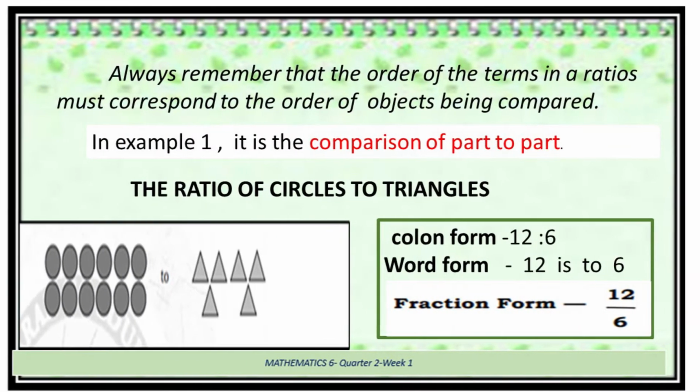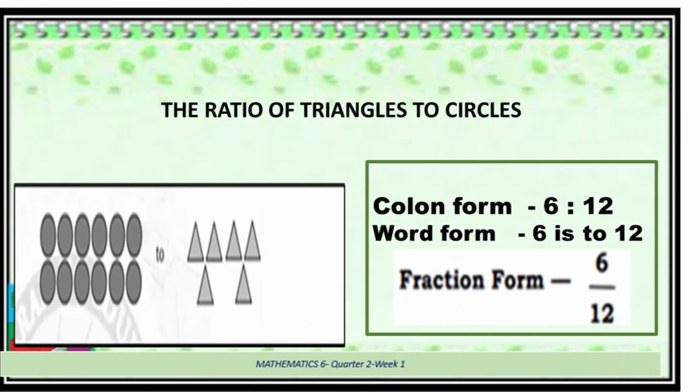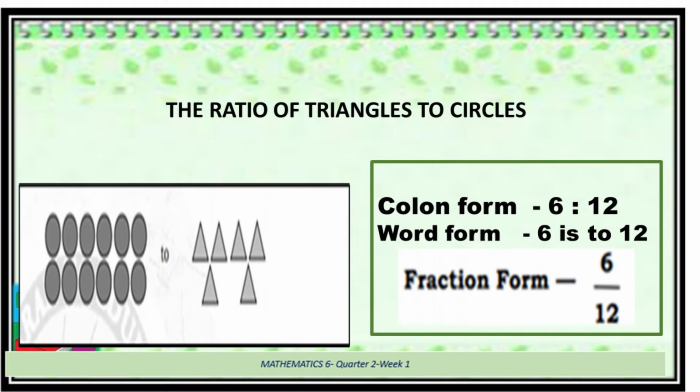Always remember that the order of the terms in a ratio must correspond to the order of objects being compared. In example 1, it is a comparison of part to part. The ratio of circles to triangles is 12:6. The ratio of triangles to circles is 6:12.